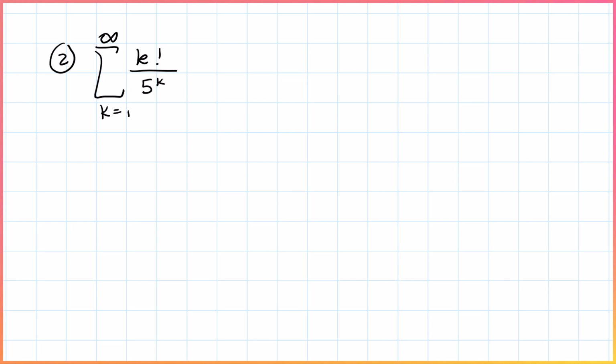We've got factorials. Factorials lend themselves really nicely to the ratio test. So I see this and I think, okay, I'm going to try the ratio test on this one and see what my result is. So if L equals the limit, we've got a k on the index here, so the limit is as k approaches infinity.